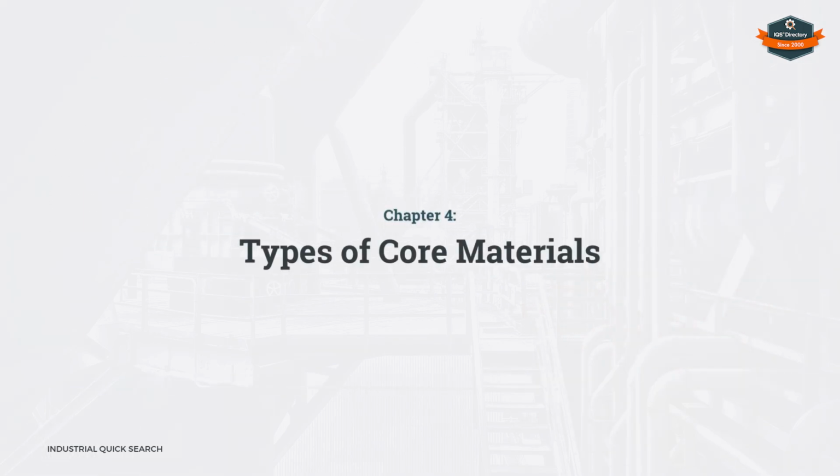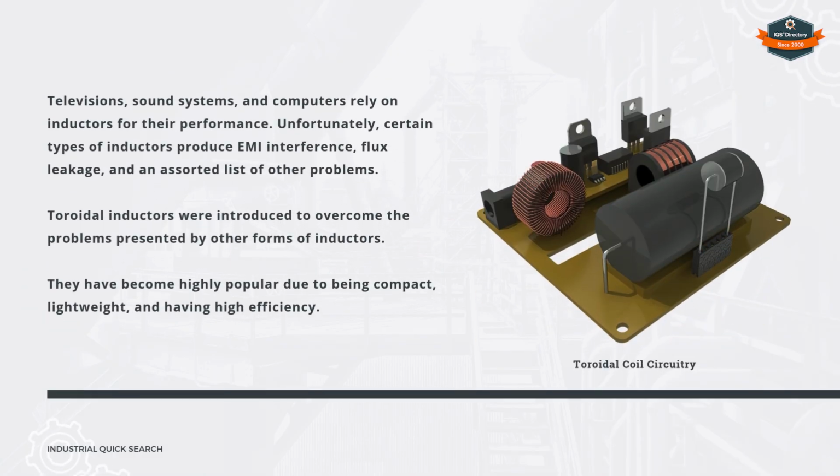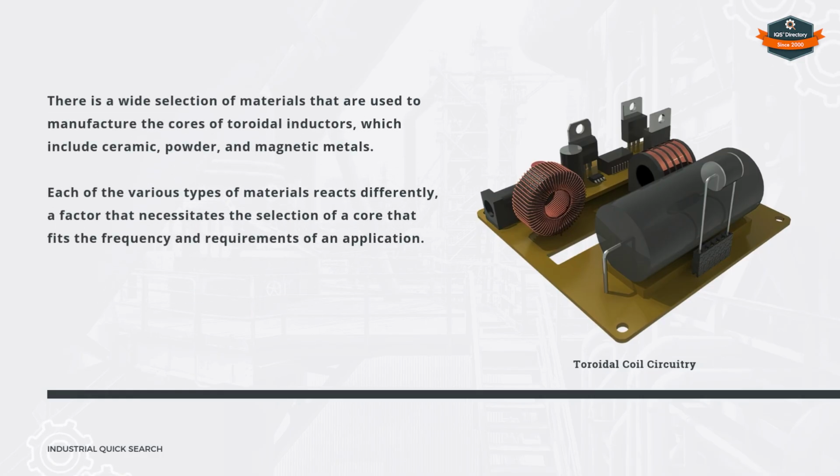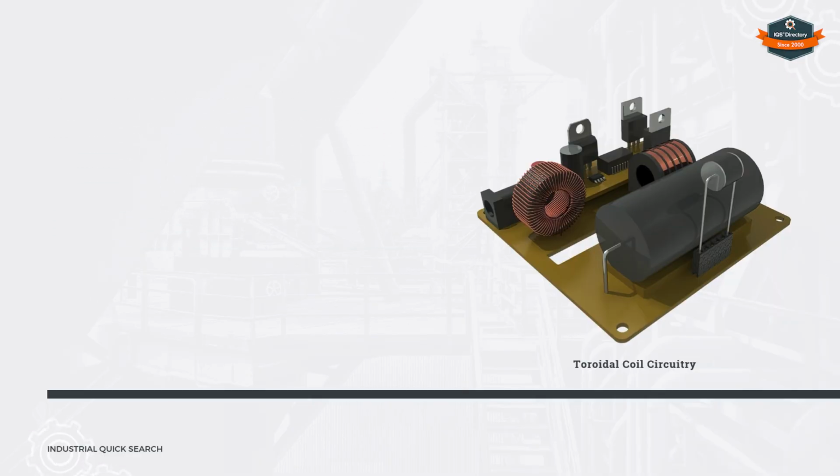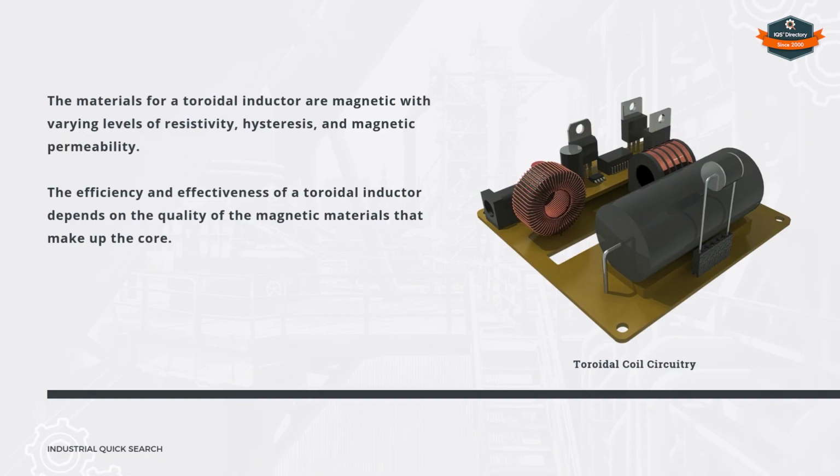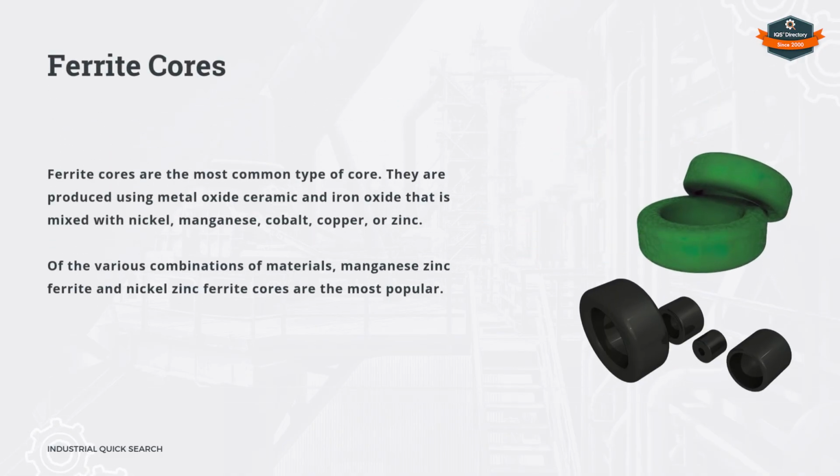Chapter 4. Types of core materials. Ferrite cores.